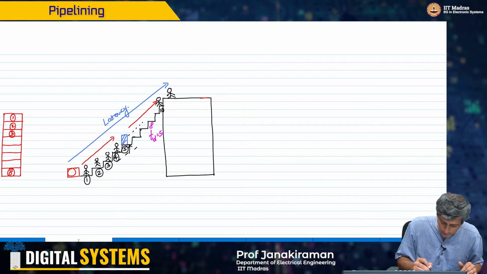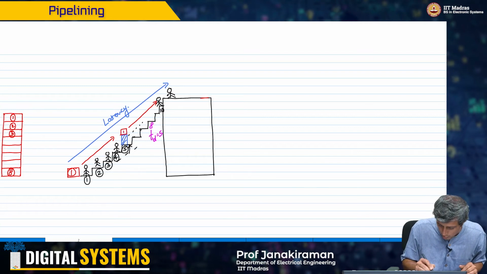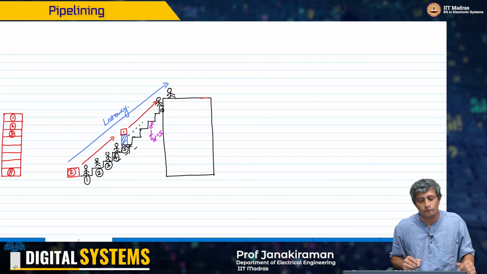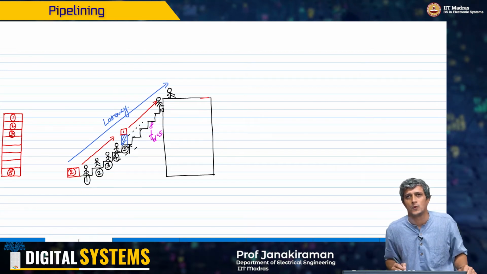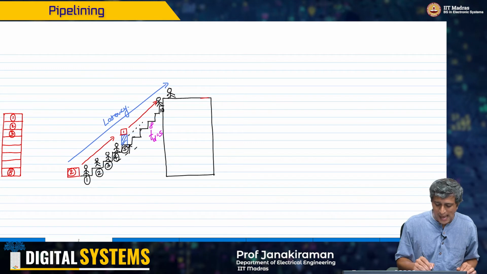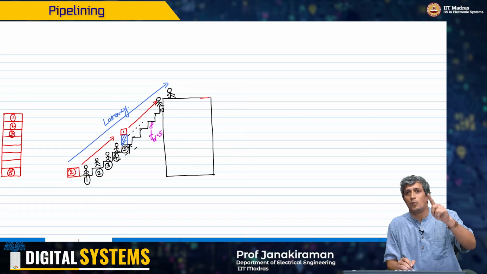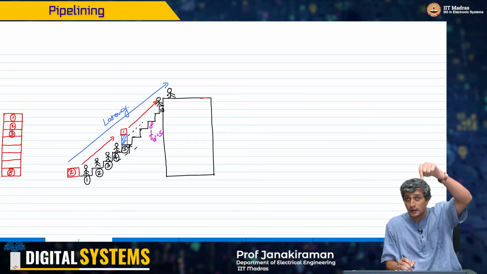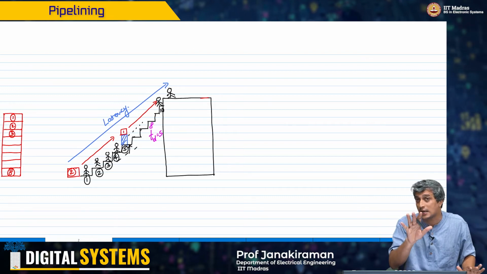Brick 1 comes, and then I go and place brick 1 here. Now, can I feed brick 2 after 5 units of time? That's the question that we have to ask ourselves, right? So remember that as 2 is making its way up on those stairs, 1 also has to go, and there can be only 1 brick on a pedestal at a given time.